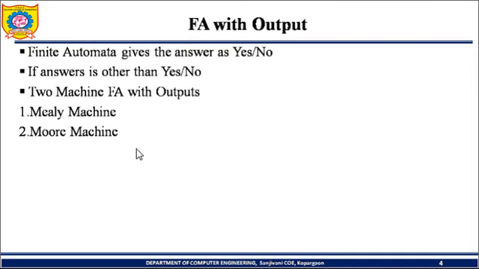Otherwise, if we are in a non-final state, other than the final state, then we say the string is rejected or not accepted by the finite automata.